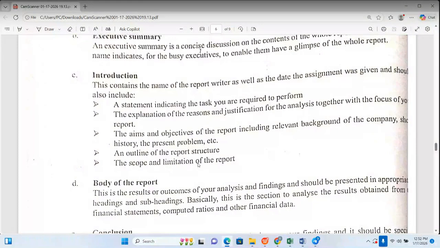You bring company B also. Then you tell them the reason why company A is doing better than company B, and the reason why you think that company A will actually do better than company B in the near future.